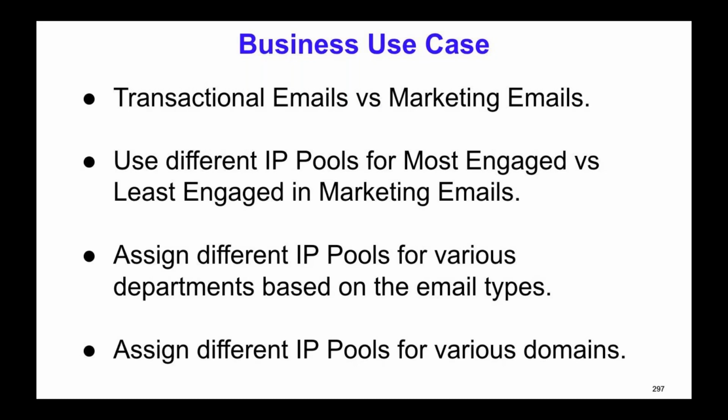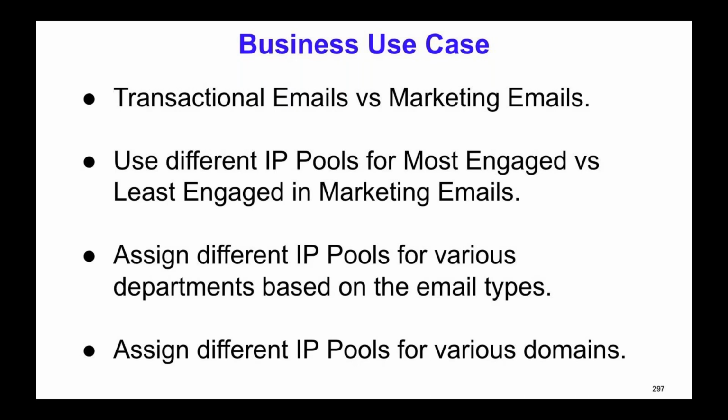Versus the marketing emails, which are important, but at the same time not as important when you compare them with the transactional emails. Let's say you classify two types of broad level emails going out from your company email domain. Now you want to secure the email reputation of each one of these.